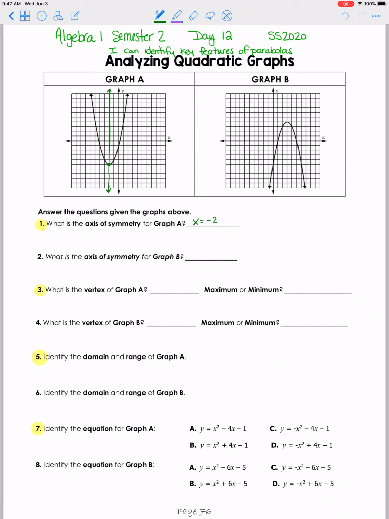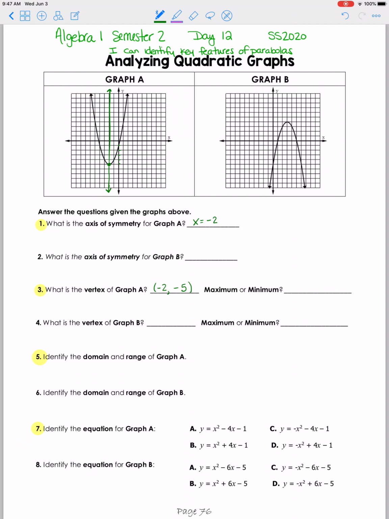The vertex is that turning point of the graph. So when it's asking for the vertex, it wants the coordinates of that point. So we want to write the x-y pair. x is -2, y is -1, -2, -3, -4, -5, so -5.